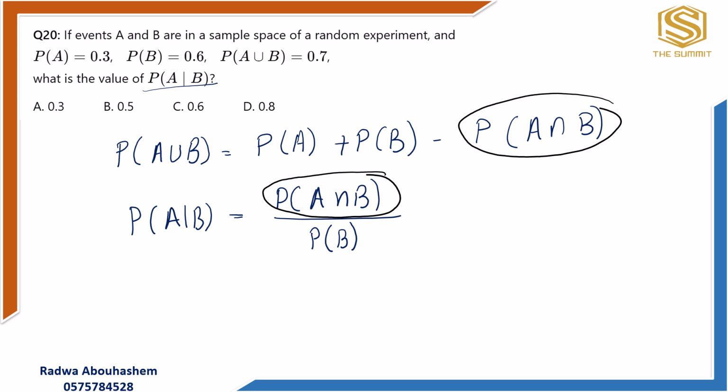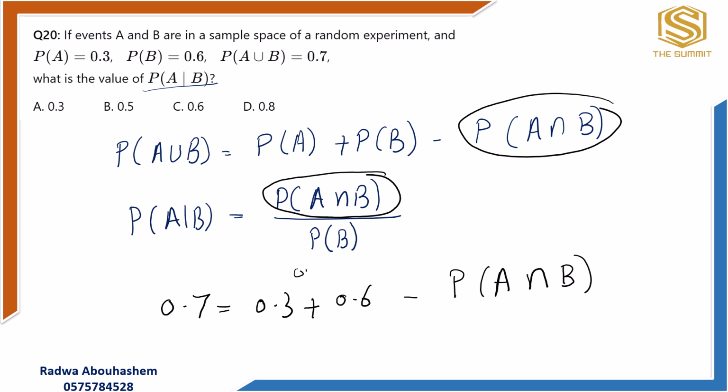So A union B is 0.7, which equals the probability of A, 0.3, plus the probability of B, which is 0.6, minus the probability of the intersection. So the intersection is 0.9 minus 0.7, so the intersection is 0.2.